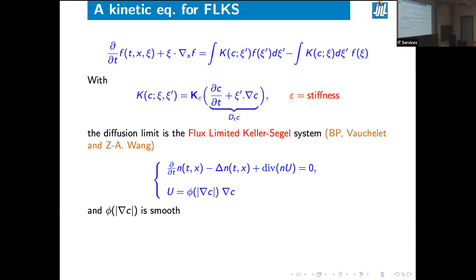So it is exactly in the form of a smooth function, which decreases like 1 over grad C when grad C is large. So it's limiting, but in a smooth way, the flux. So with this kinetic equation, you recover really the flux-limited Keller-Segel equation with this procedure.